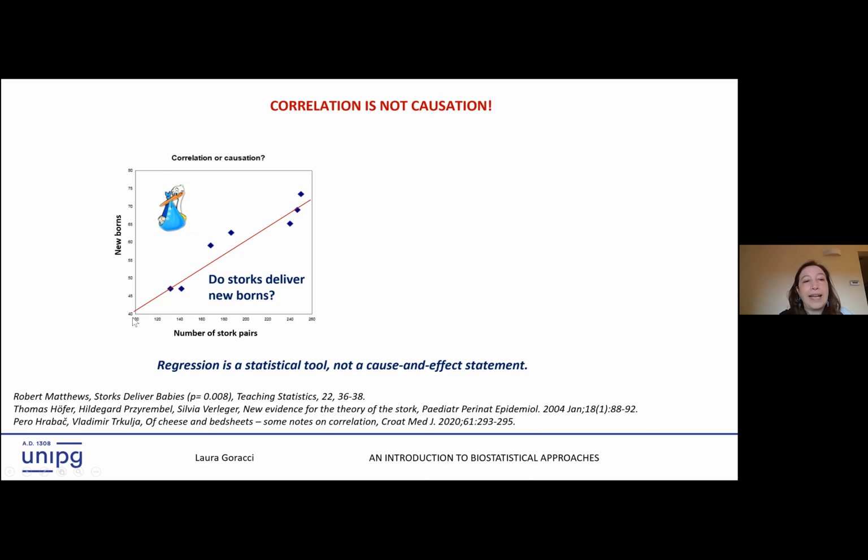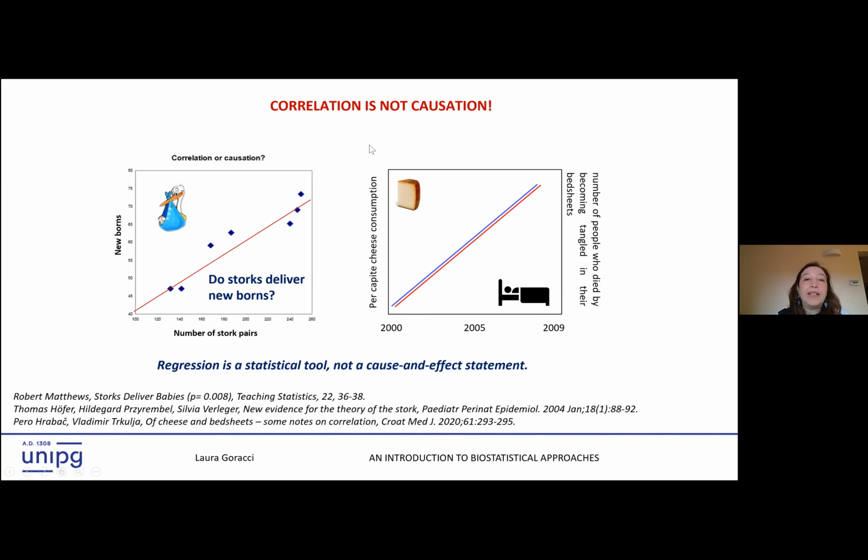We can have that the measurement was made in an area that was expanding, and if the population was expanding there, we have naturally more newborns, but we have also more houses, so we could have more nests, and so we could have more stork pairs. This is just to give a very simple example, and you can read the papers.